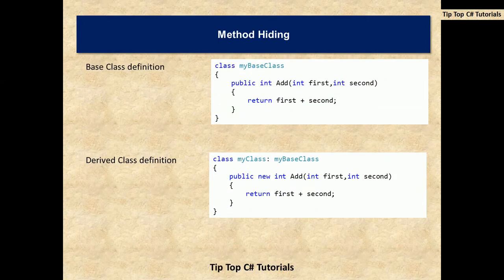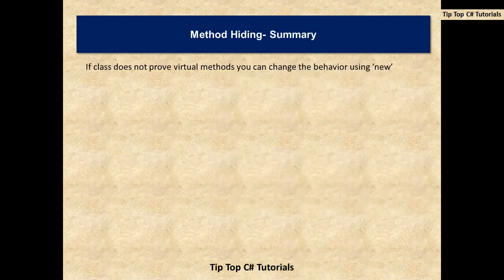Method hiding, as I already showed you in Visual Studio, there is no virtual and the new keyword is introduced over here. Let's try to summarize method hiding. If a class does not provide virtual methods, you can change behavior using the new keyword.